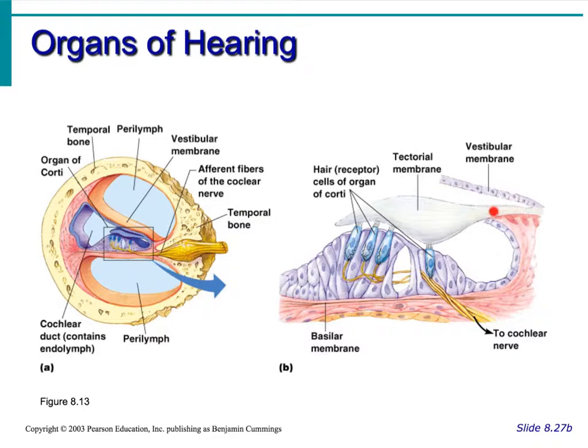So here's the tectorial membrane that moves with the fluid and causes the receptor cells in the organ on the basilar membrane, the base membrane here, to bend, which sends information to your cochlear nerve.